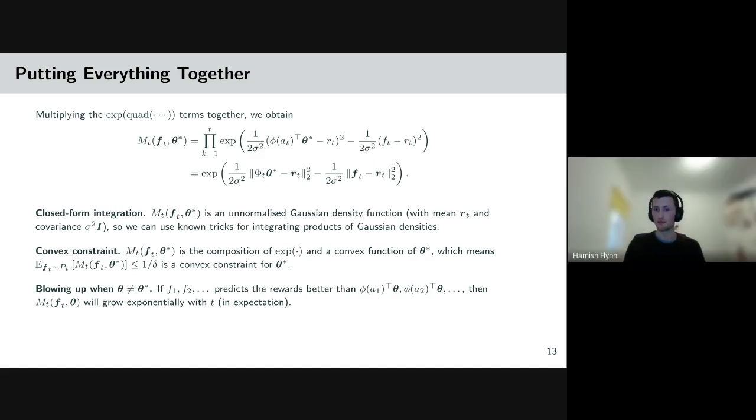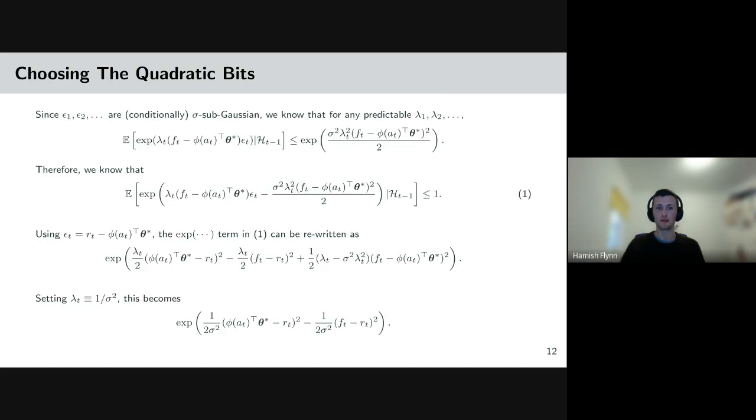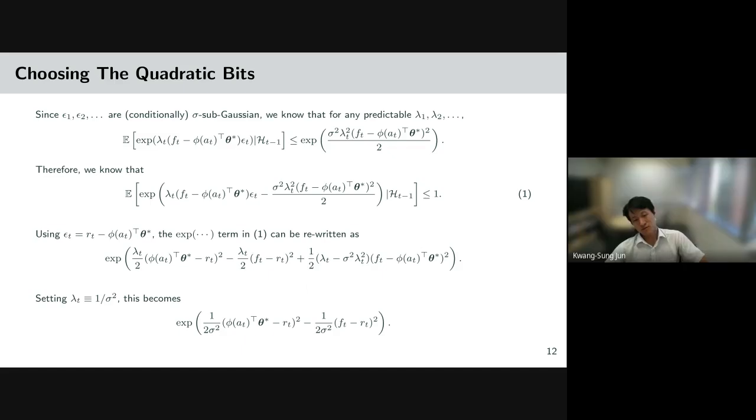And then maybe another thing to say is, if we go back to the third line here, I said we choose lambda t so that this last thing cancels and then everything's simple, so we're happy. But this isn't necessarily the best choice of lambda t. And in that case, we get something else. Do you have any particular case worked out where choosing lambda t not as 1 over sigma squared would be beneficial?